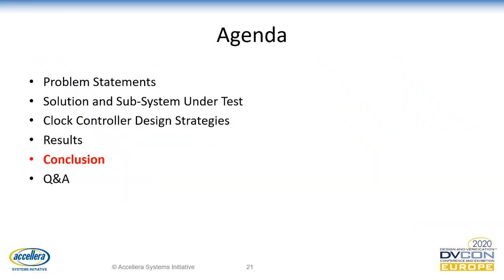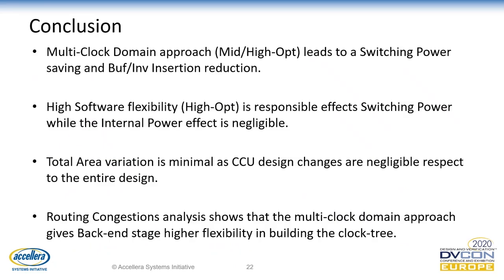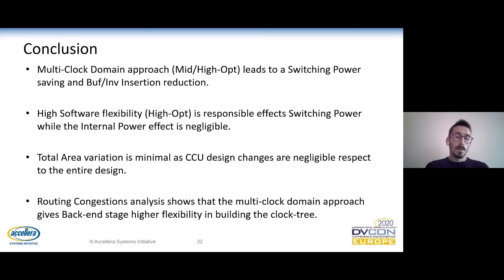Let's go to the conclusion. Here is just a summary of what I already explained during the results presentation. A multi-clock domain approach leads to a switching power saving and a buffer insertion reduction. When we go from low to mid or high optimized, higher software flexibility is responsible for increasing the switching power, as we've seen, while the internal power effect is negligible.